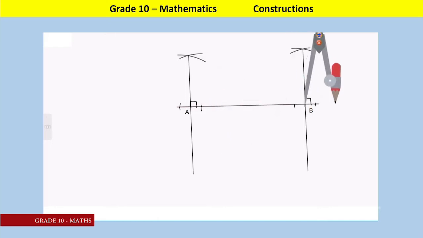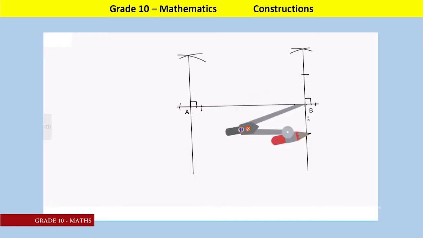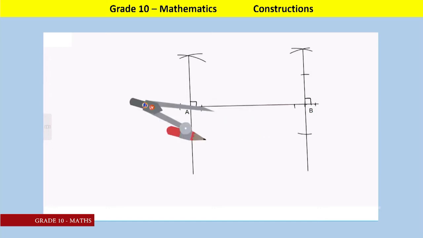Now keep the steel point on B, draw an arc to intersect that perpendicular line. That line and arc intersect at a point that is 3 centimeters away. We can find another point on the other side.